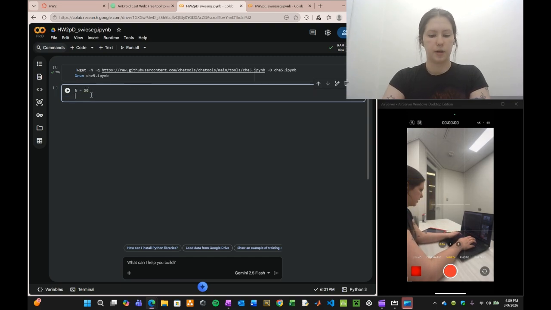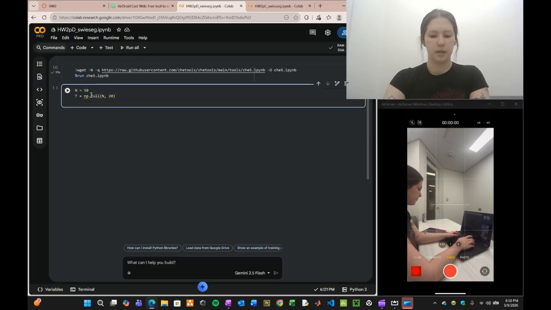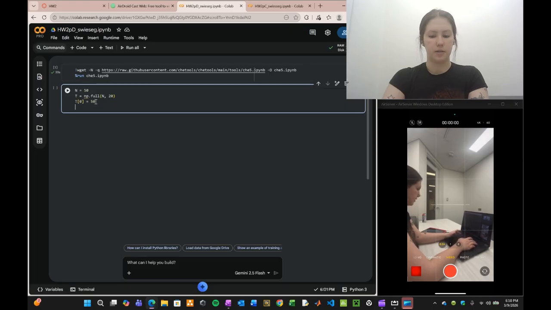and we can go ahead and create an array to store our temperatures. It will have size n, and each section will start out at 20 degrees. And we'll define the first value in that array as 50 degrees, and then the last value will be 80 degrees, and make sure we put a period there.